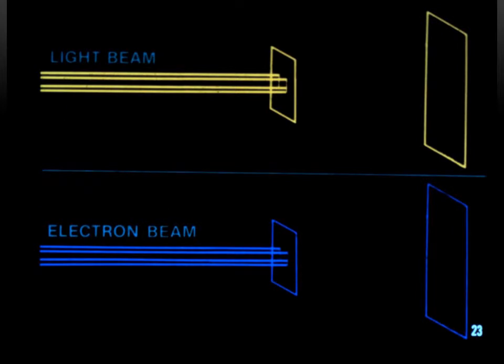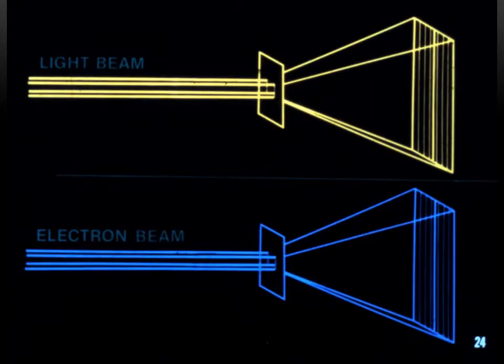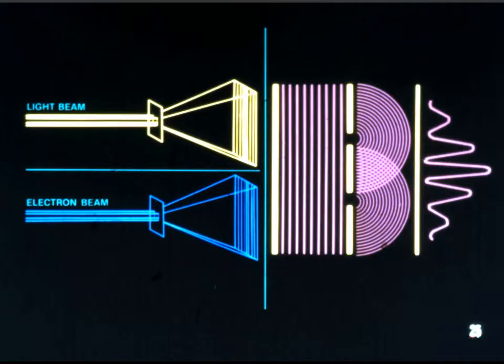Now, in the double-slit experiment, using, remember, either light or electrons, the result, with both slits open, is an interference pattern. If only one slit is open, the interference pattern disappears.